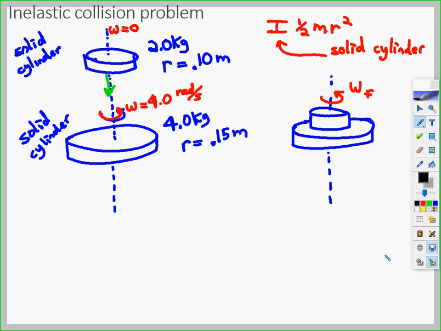Instead of being m times v plus m times v equals m times v, what's the formula going to look like this time?